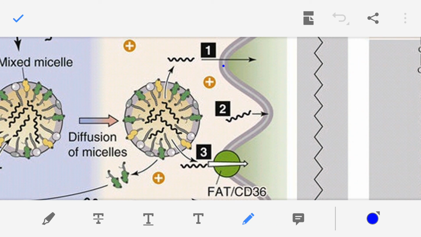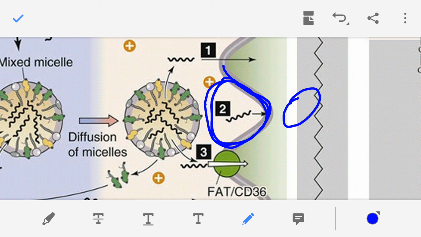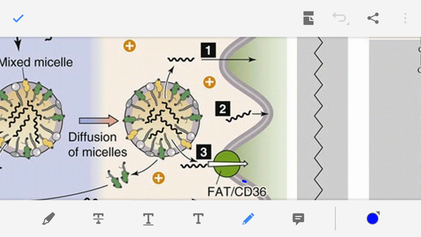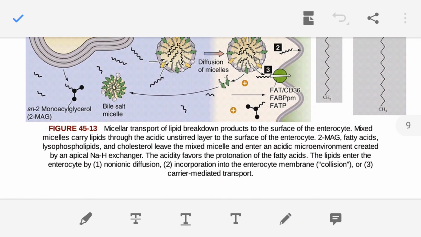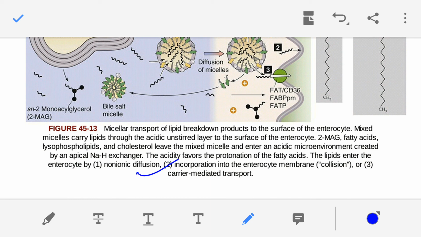This membrane will cover this, so one vesicle will be formed, and in that vesicle the lipid digestion product is present. Once this enters into the cytoplasm, the membrane again fuses together. So this mechanism is known as the incorporation into the enterocyte membrane.